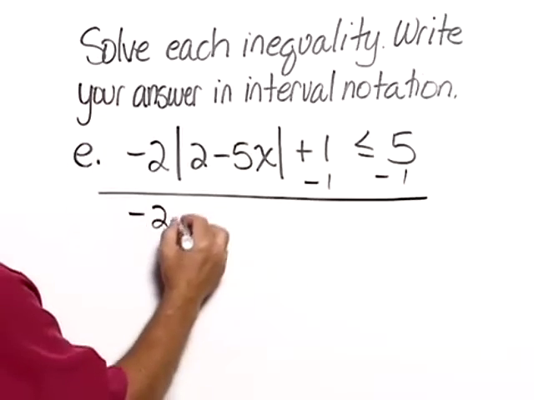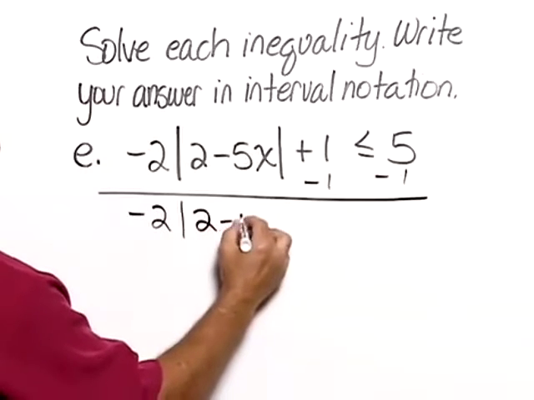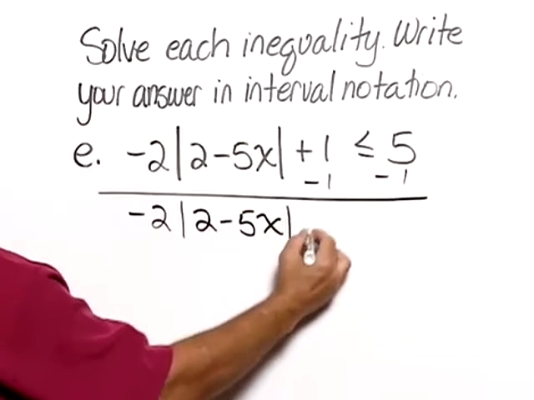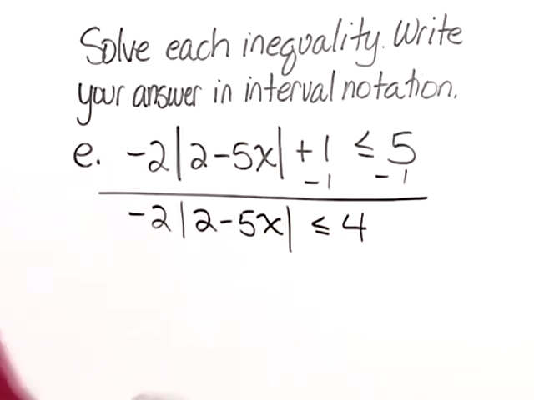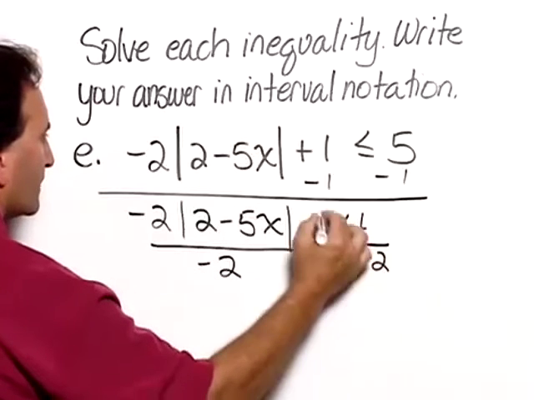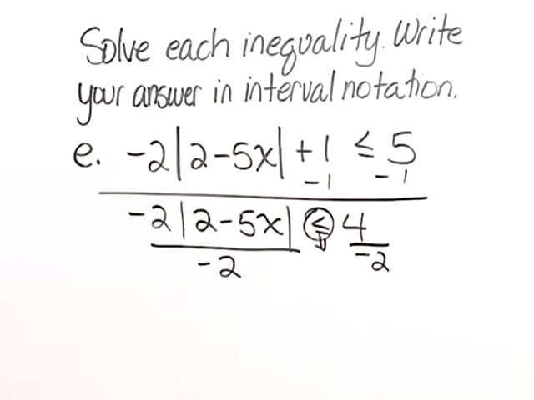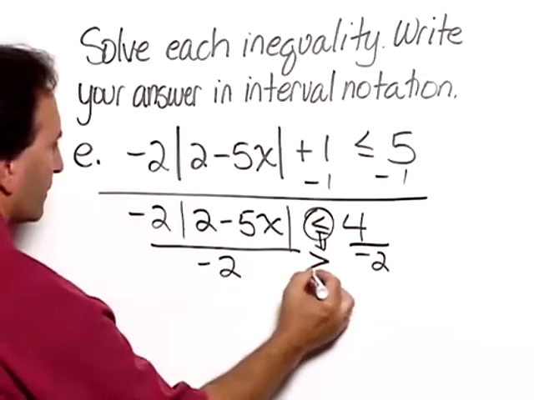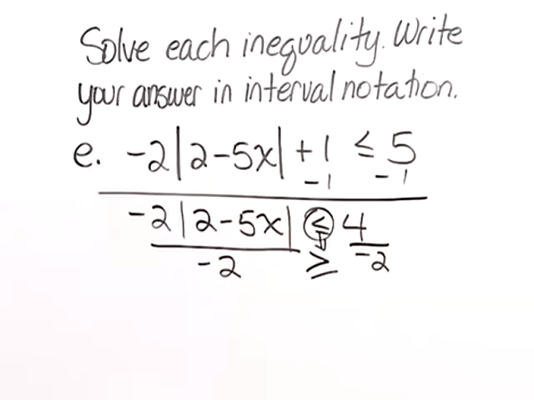And so we have negative 2 times the absolute value of 2 minus 5x, and that's less than or equal to 4. Now we need to divide both sides by negative 2. However, when we do this, we need to reverse the symbol. So instead of less than or equal to, it becomes greater than or equal to.